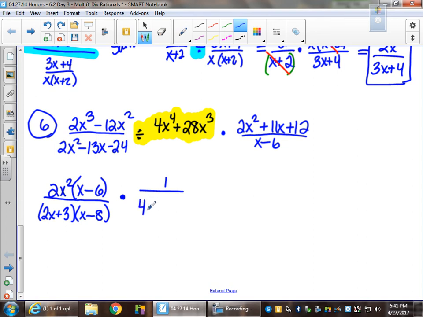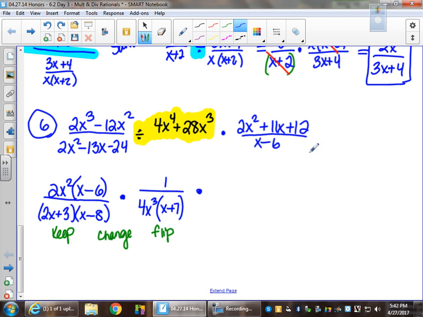I know I can factor out 4x to the third, and you tell me what's left. I've got x plus 7 left. So that was keep, change, flip. And we performed that while we're taking care of our factoring situation as well.